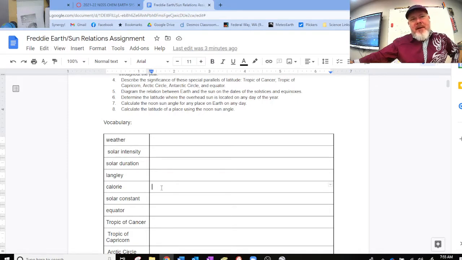What's going to happen when you go to Google is it's probably going to give you the food thing first. Well, this is nothing to do with food. This is about weather. So you want to make sure that when you look up these vocabulary words online, you're using the ones that pertain to what we are doing.